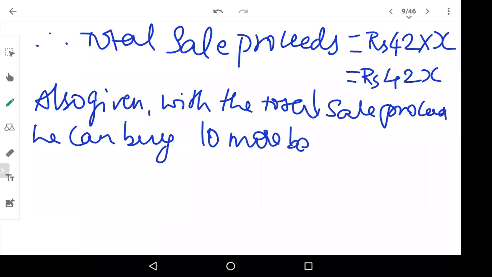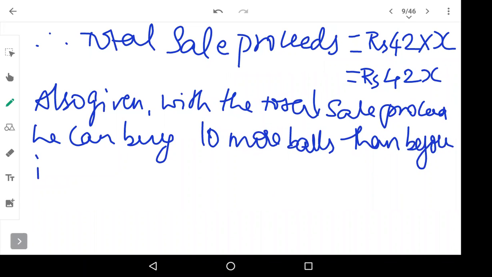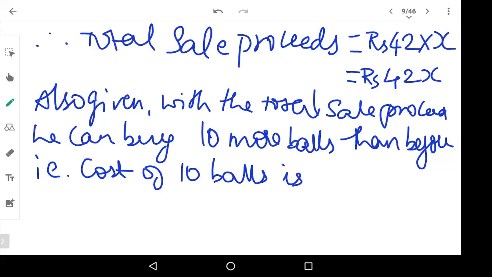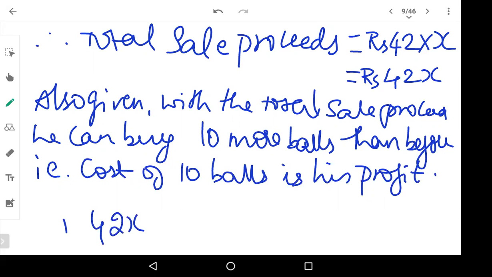You have to write all this. That is, the cost of 10 balls is his profit. I can say this. Now with 42x rupees, he is able to buy x plus 10 balls.